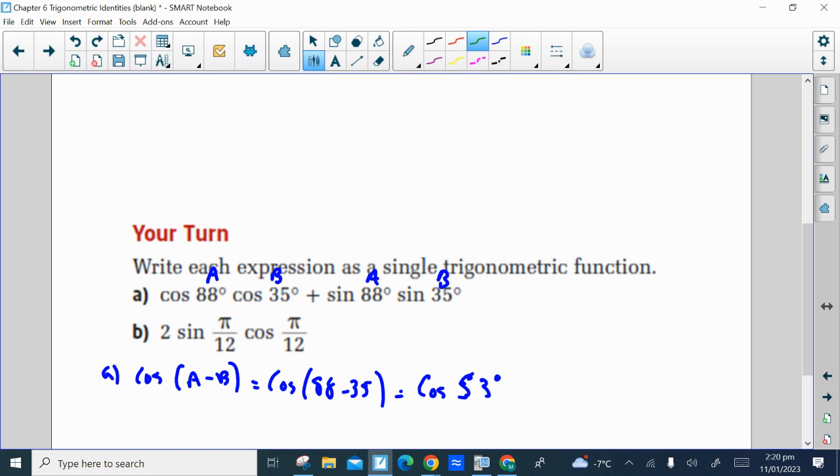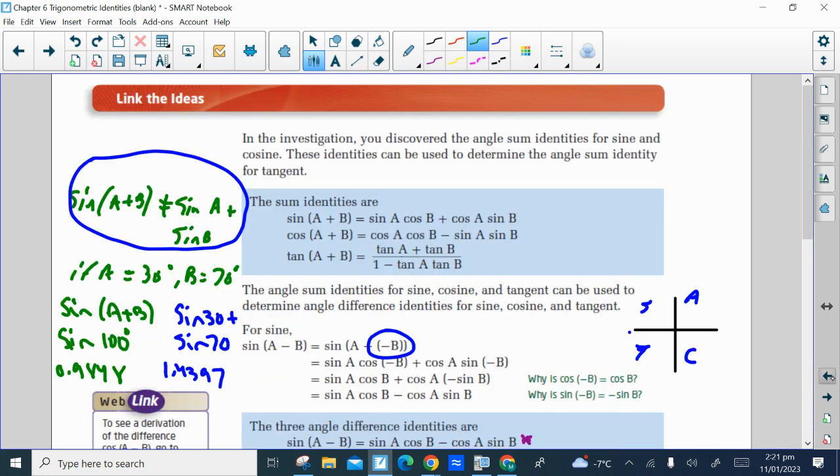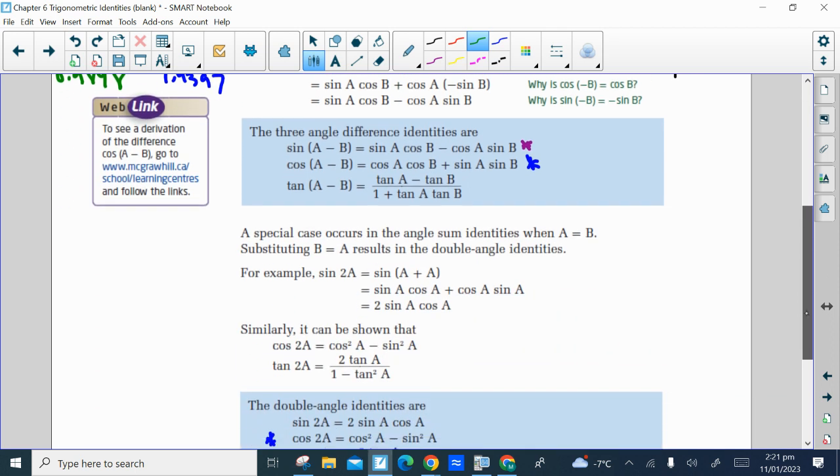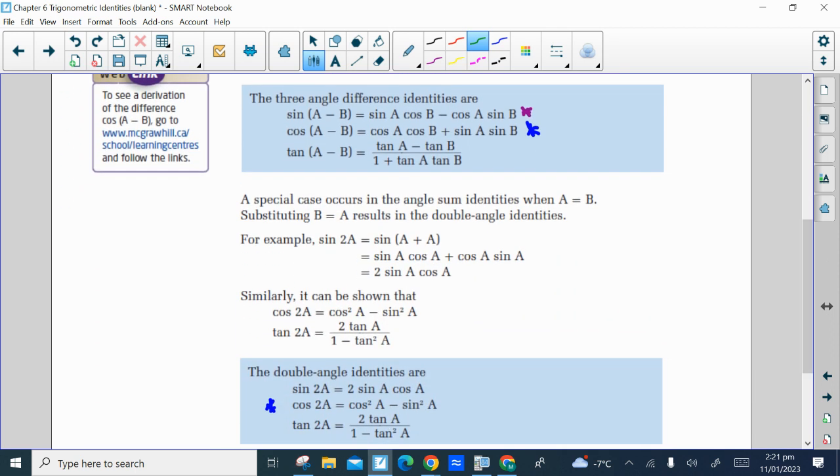So for question B, if we say that pi on 12 is letter A, this is 2 sine A cos A. They're both angles pi on 12, so they'll both be letter A. And that is the double angle identity for sine. Right there.